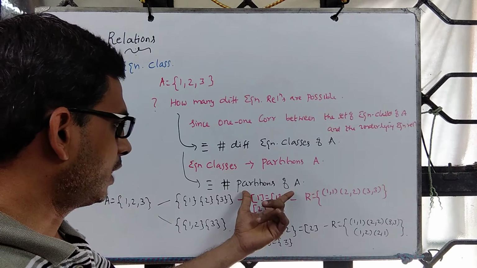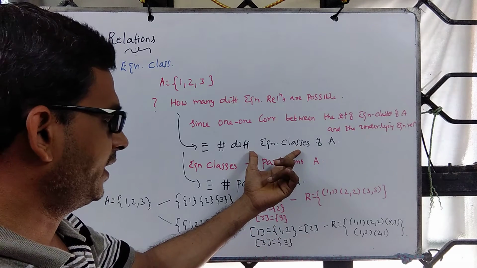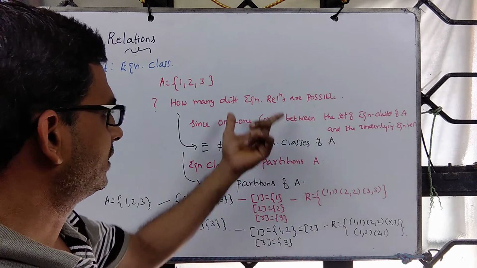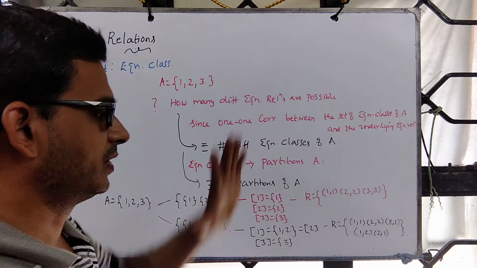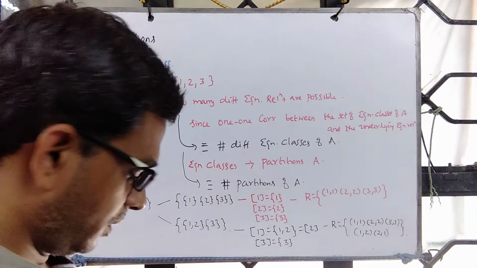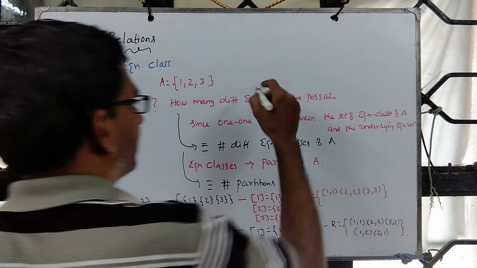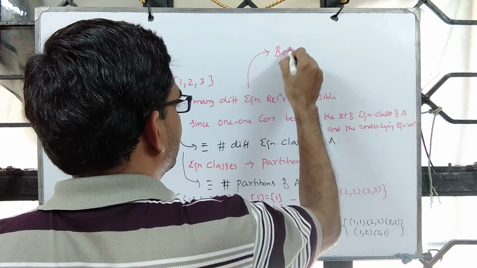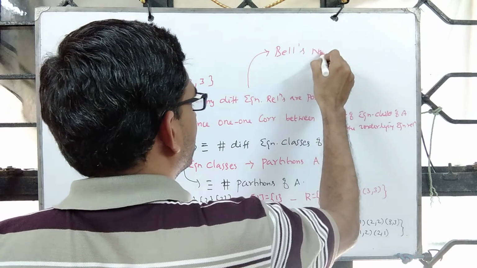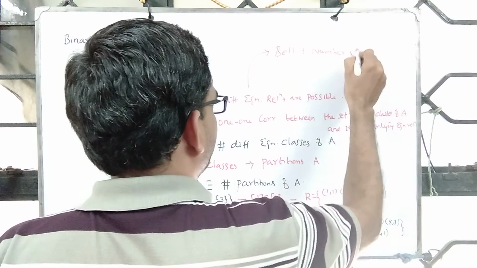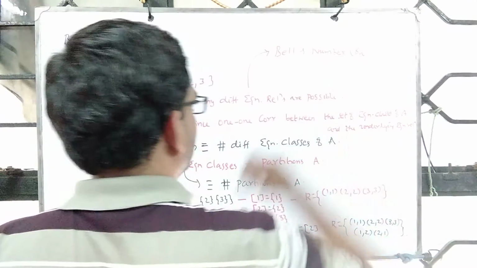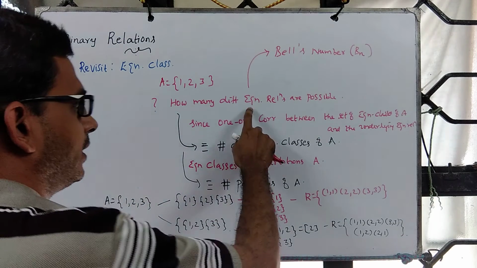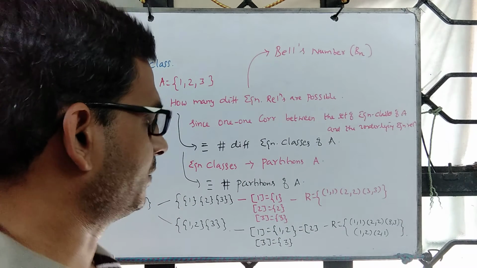Now, if you can count this, we indeed get a count for this. There is an interesting number called Bell's number, denoted as Bn, that tells you how many different equivalence relations are possible.